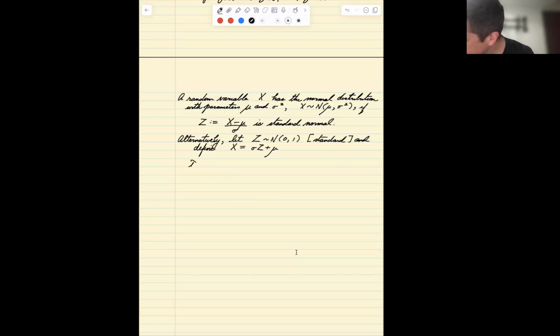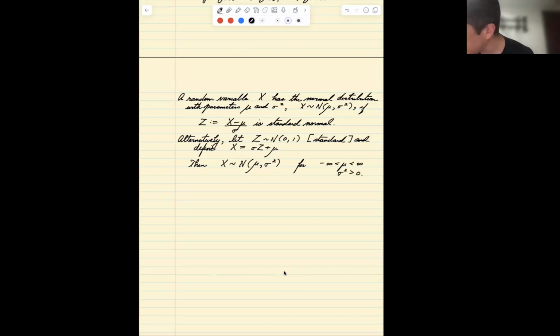Then x is still in the normal family, but has parameters mu and sigma squared. This is for mu being any real number, and sigma squared has to be positive.